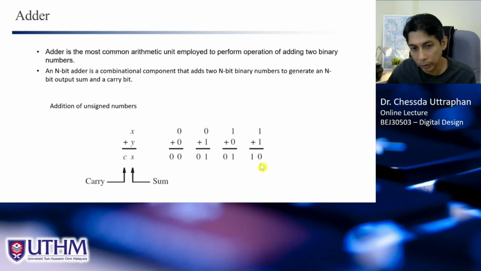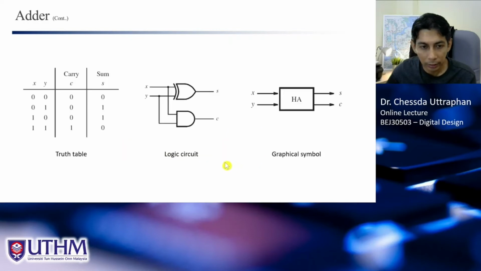Interestingly, this can be represented in a truth table, right? Using a truth table, we can have the circuit. If we have a truth table, remember, we can generate the logic circuit very easily. This carry is the AND behavior, AND gate, right?